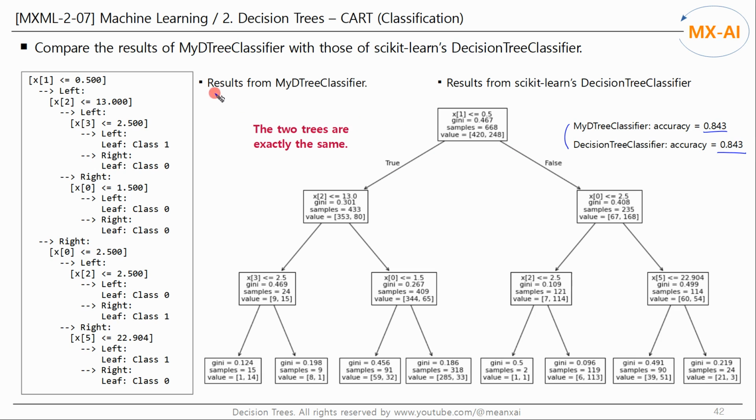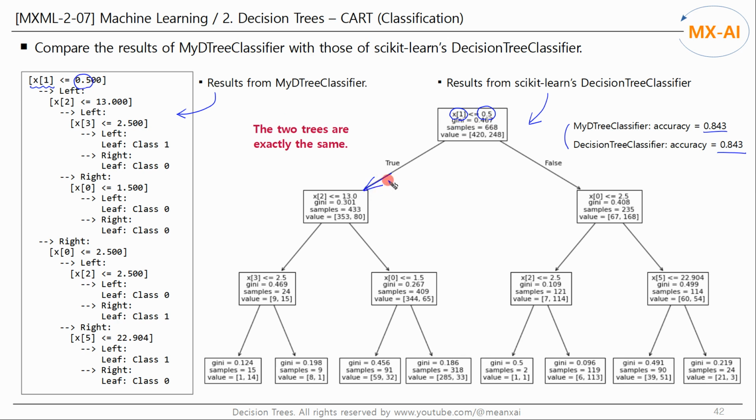On the left is the tree generated by DecisionTreeClassifier, and on the right is the tree generated by scikit-learn's Decision Tree Classifier. At the root node, the best feature ID is 1. And the best split point is 0.5.